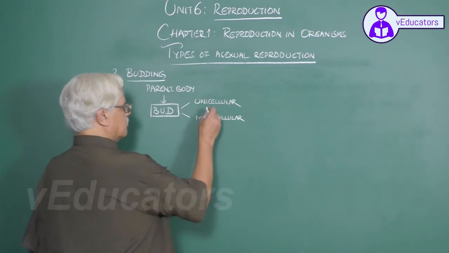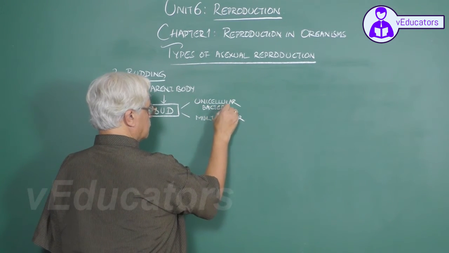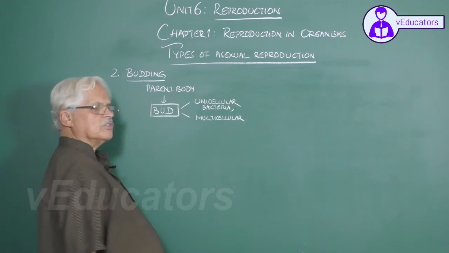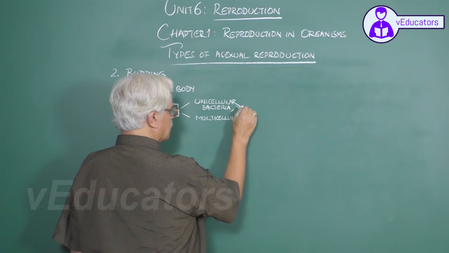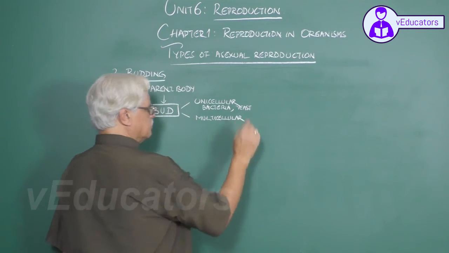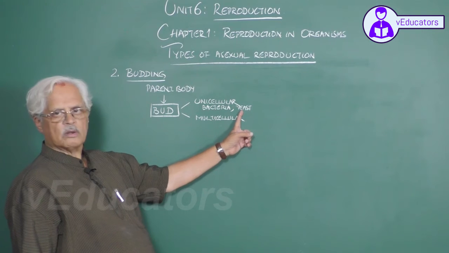For example, budding is observed in some bacteria. Budding is observed in yeast. Yeast is a unicellular fungus.